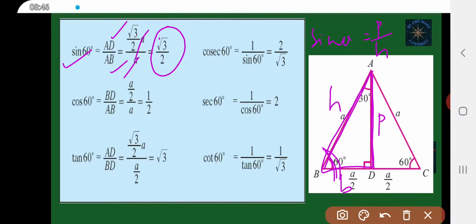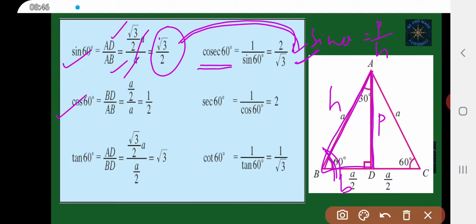Okay, and you can find cosec 60 degree. Cosec 60 degree is reciprocal of sin 60 degree. So reciprocal of root 3 by 2 is 2 by root 3. So you get cosec 60 degree is equal to 2 by root 3.